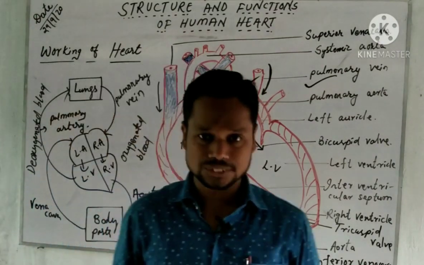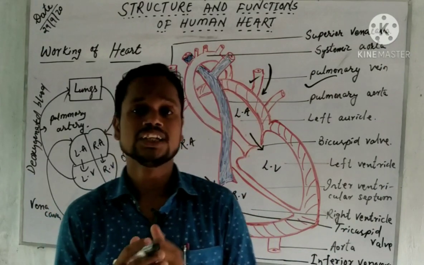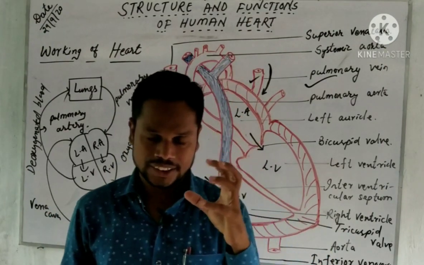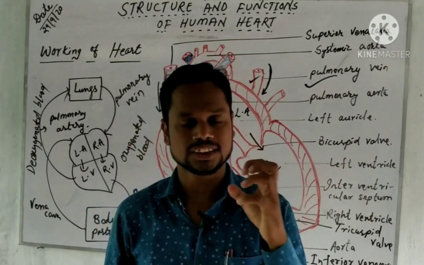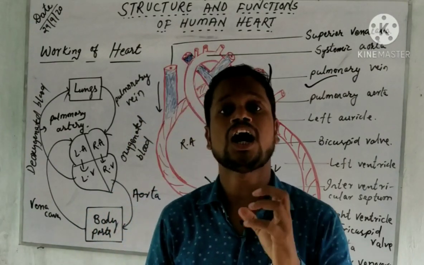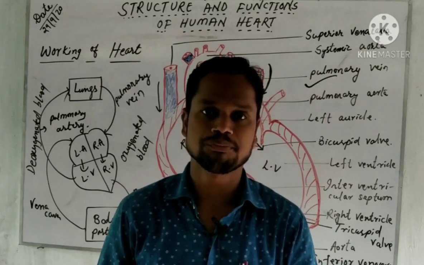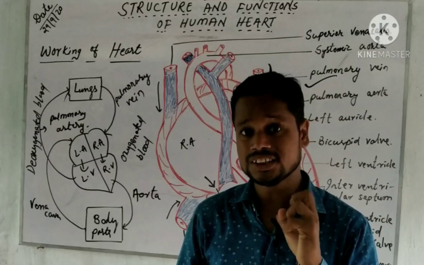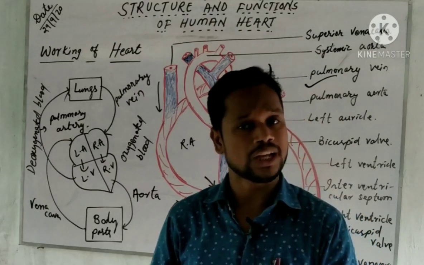My dear students, rhythmically the heart is contracting and relaxing. The regular contraction and relaxation of the heart is called heartbeat. The heart beats nearly 72 times per minute.